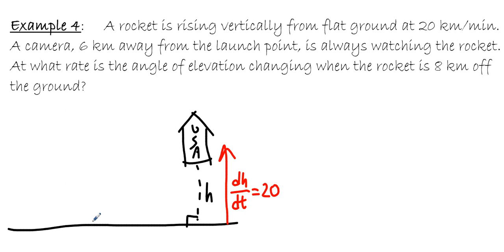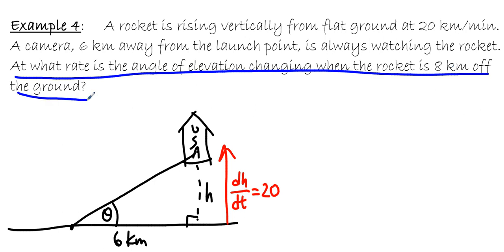There's a camera that's 6 kilometers away from the launch point, and it's always watching the rocket. So we're talking about the angle of elevation and how that is changing when the rocket is 8 kilometers off the ground. This is the thing we're looking for.